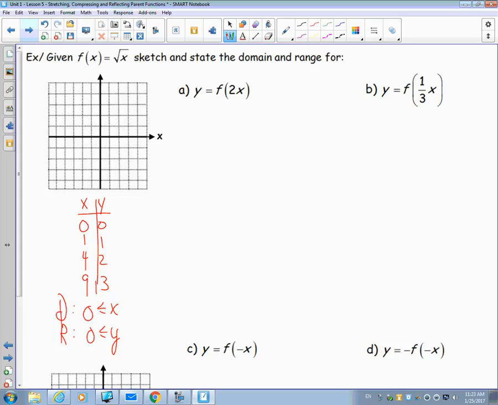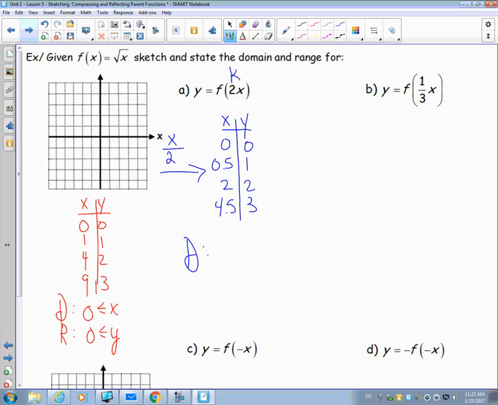All right, let's do some transformations. Oh, we got stuff inside the brackets this time. Those are k's. Those are x things. We got to take our x's and we got to divide by 2. Okay, let's see what we get. Half of 0, 0. 0.5, 2, 4.5. Y's stay the same.